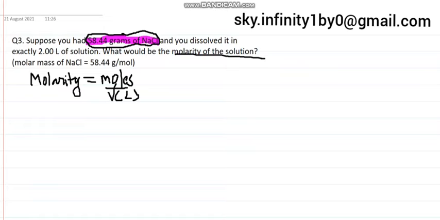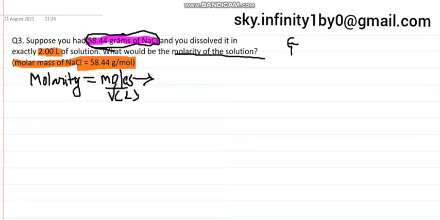So here, instead of number of moles, we are given the amount in grams, and also they have provided us with the molar mass of NaCl. The volume given to us here is in liters, so no issue of conversion. So let us write first what all is given to us.